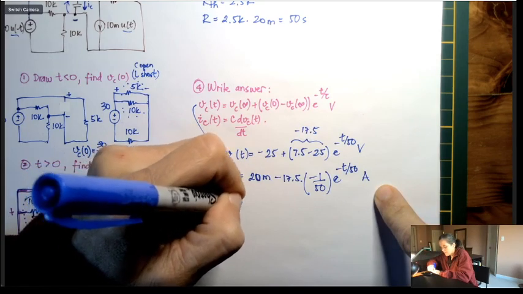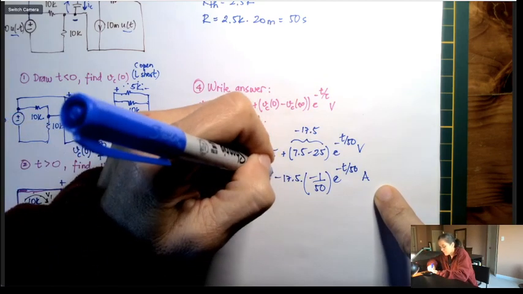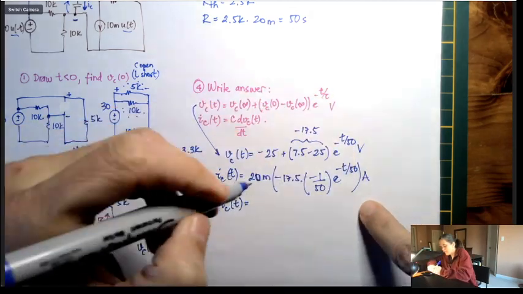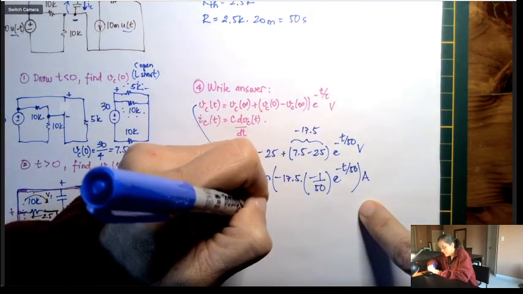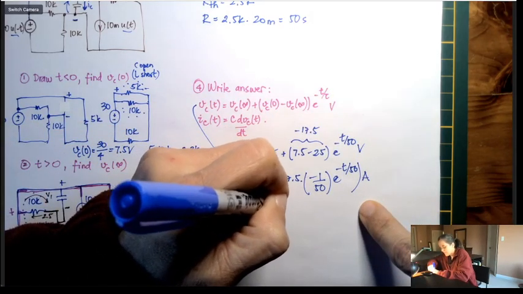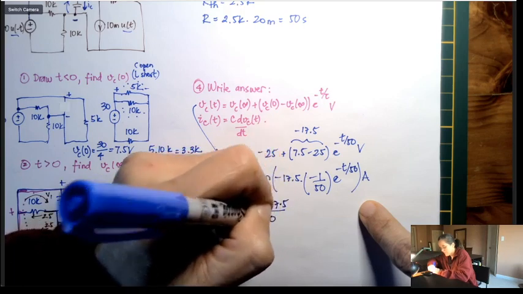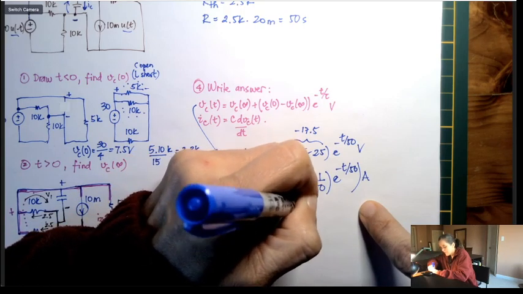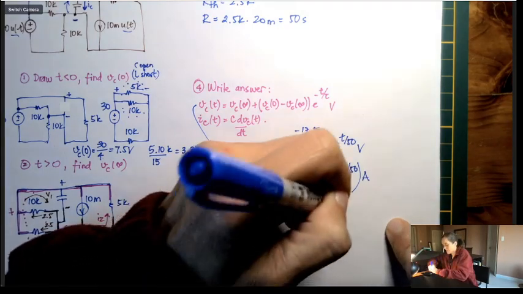IC of t will be, oops, it's 20 milli times this. Okay, 20 times 17.5 divided by 50, e to the minus t over 50 milliamps.